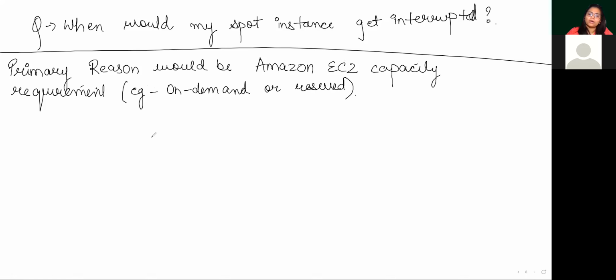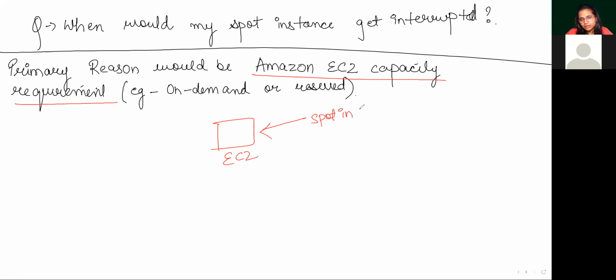So in the first case in which they can ask your capacity back, there is a requirement of the capacity. Now you have an EC2 instance which you asked for as a spot instance. Now one more customer comes in and says, I want this EC2 instance for on-demand purpose, or I want an EC2 instance for reserved purpose.